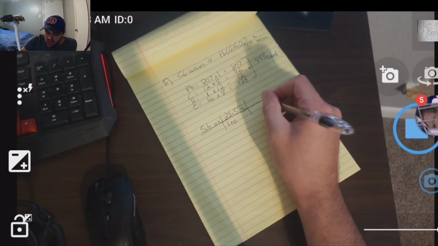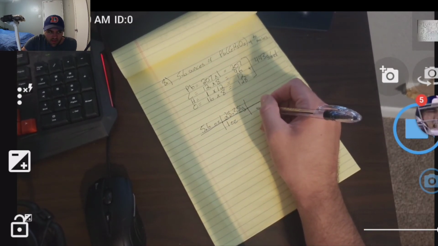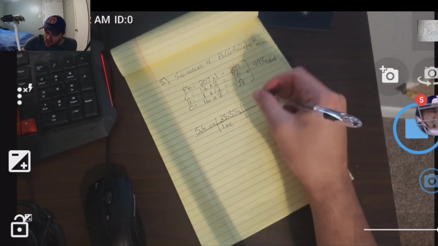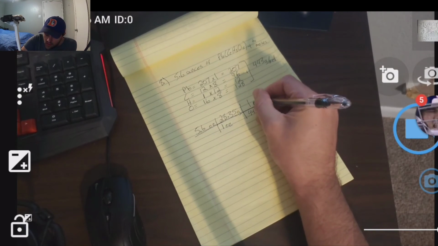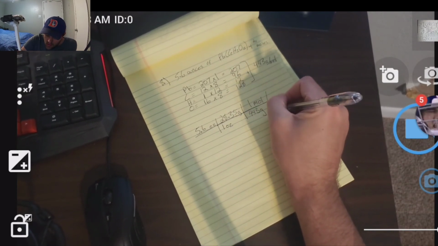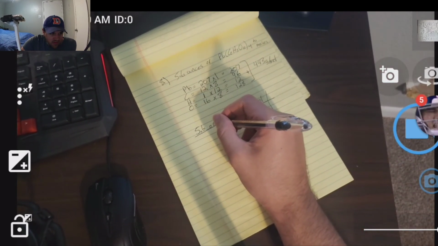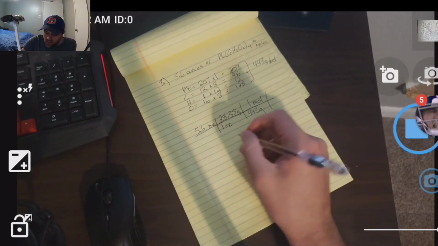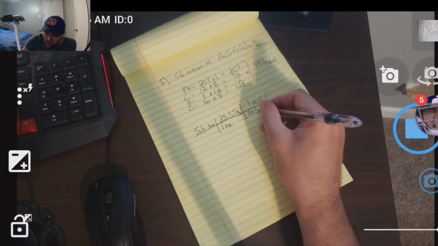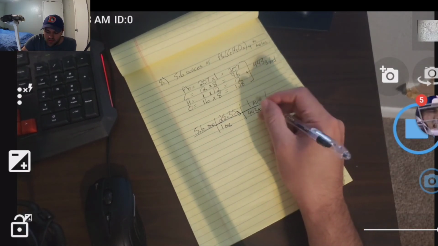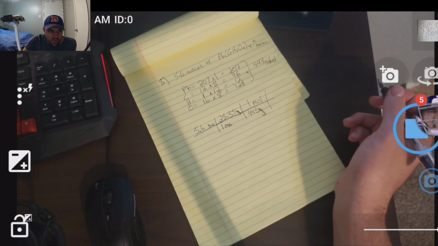So if grams are on top right here, that means they've got to be on the bottom in the next step. So we'd say 443 grams per 1 mole. And then all of our units cancel out. We had ounces on top, canceling with the ounces on bottom, grams on top, and grams on bottom. So we're left with just moles, which is what we want.